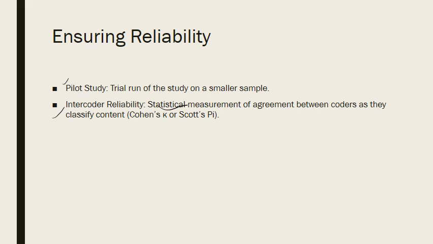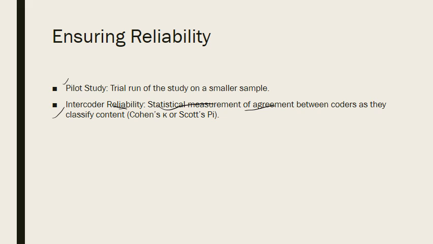And depending on your statistical measurement of agreement is how you develop reliability. So what you end up having to do is coach your raters or your coders to say, okay, this is what counts as a liberal message, this is what counts as a conservative, this is what counts as a neutral. And what you want to happen is you want your coders to be able to agree most of the time on what counts as liberal, what counts as conservative, what counts as neutral, okay?